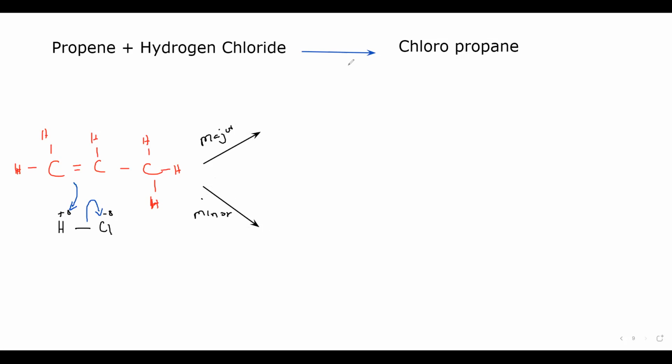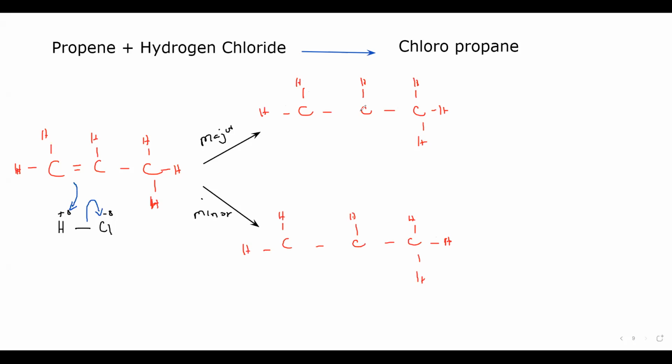The major one is the one in which the carbon cation is formed that has more alkyl groups. So when we complete this structure, because in exam they ask to state the major product and minor product, how can you distinguish between the major and the minor products?